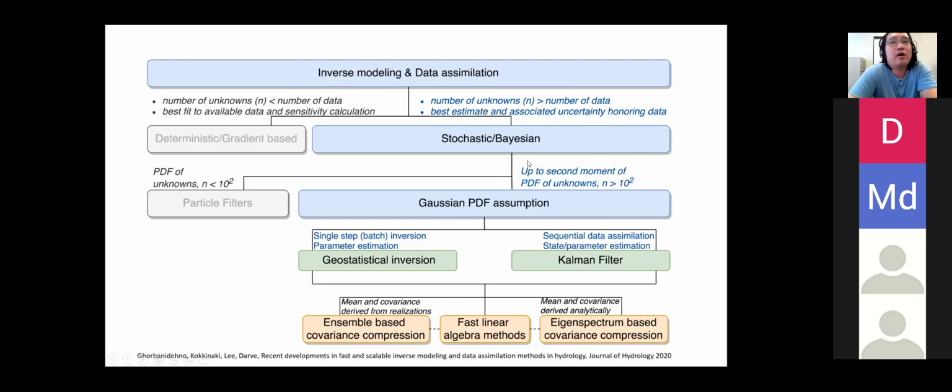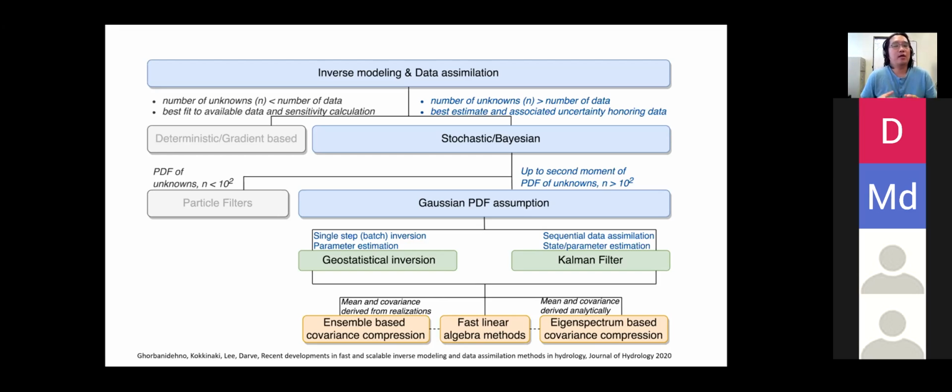And if the number of degrees of freedom, like the number of unknowns, is smaller than 100, maybe you use particle filtering or some other method that identifies multimodal distributions.